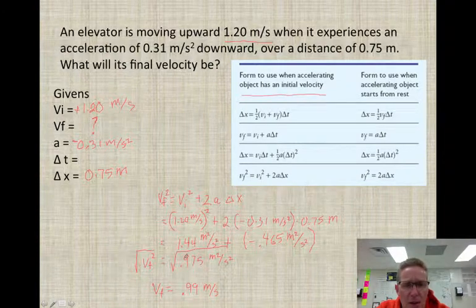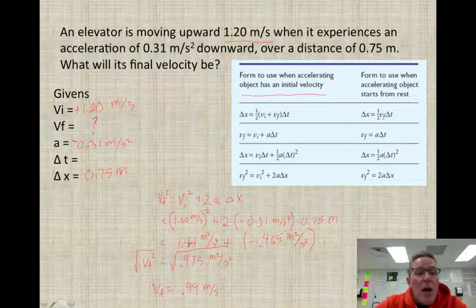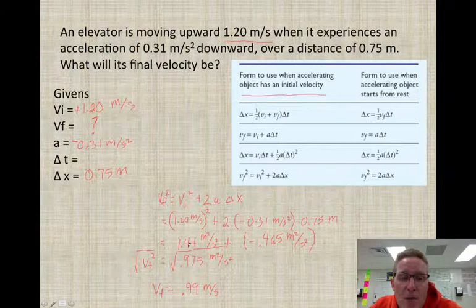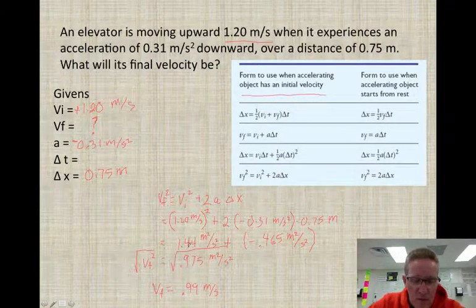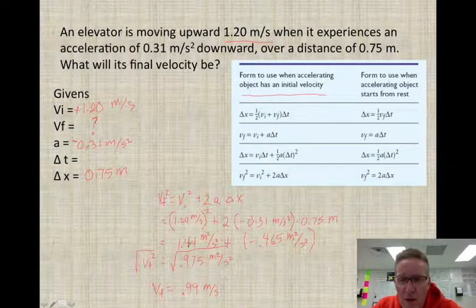I know the rate of gravity isn't 0.31 meters per second squared, so whoever made this problem up is something that I'm not familiar with. But that makes sense, though. The acceleration is going against the velocity, so we should get a smaller velocity. And it was a very short distance, so it wasn't much of a change in our velocity.